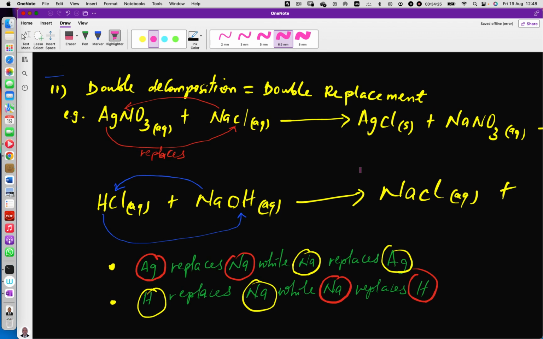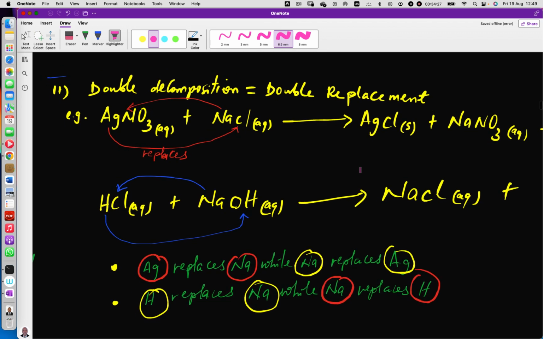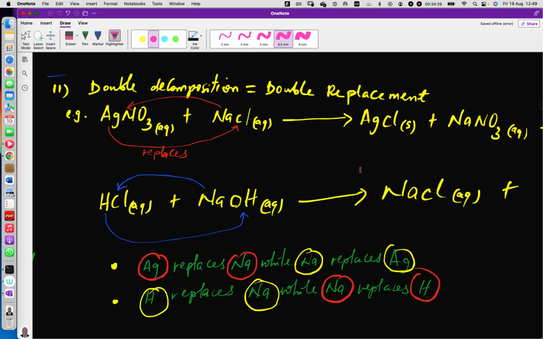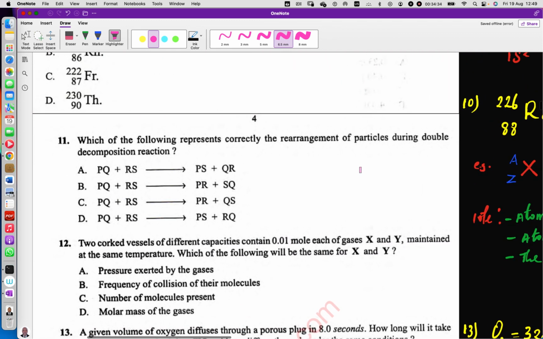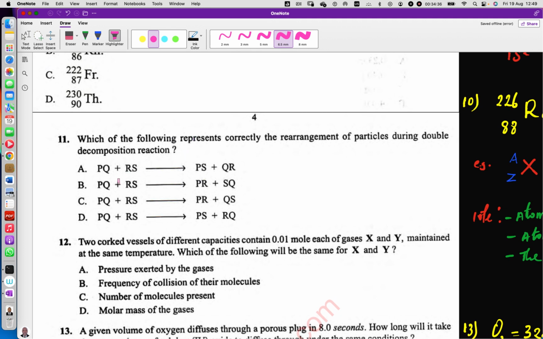Double replacement. If we use this concept of double replacement or double decomposition and come here to our answer column, let me see whether P has replaced S. Has S replaced P? No. Okay, P has replaced the arrow.